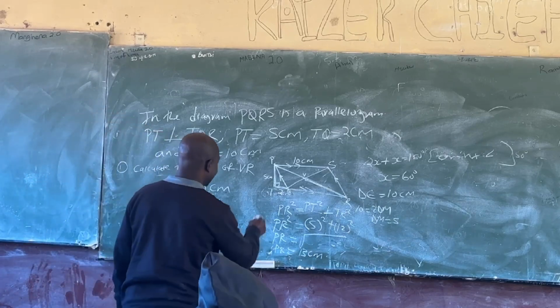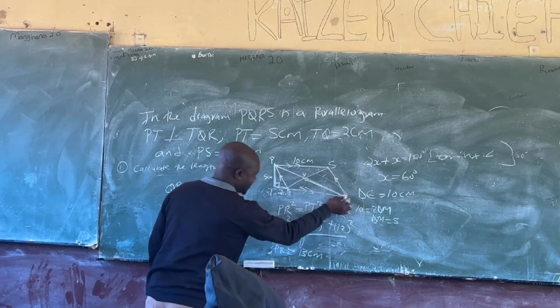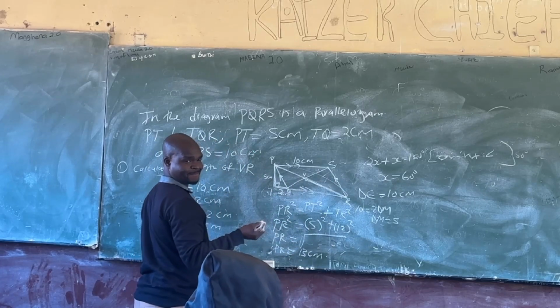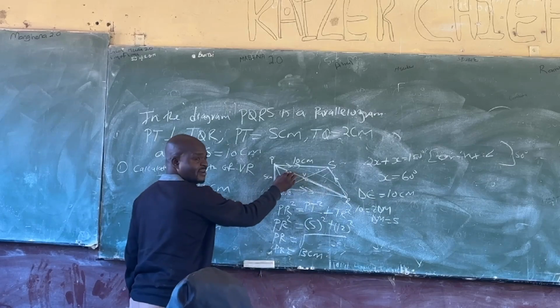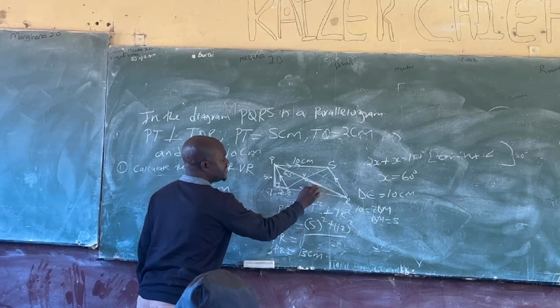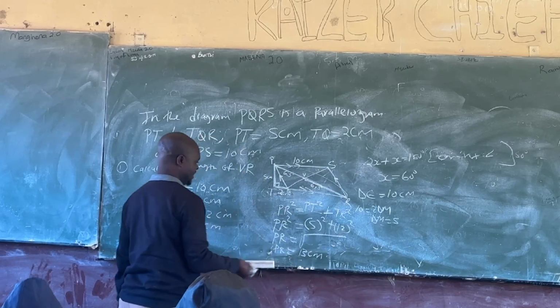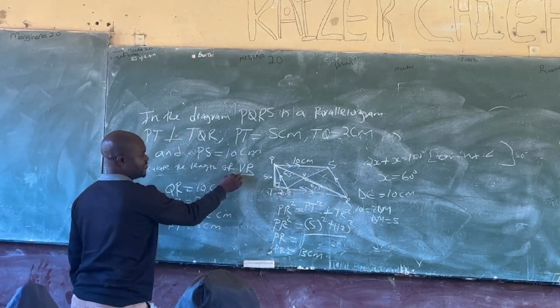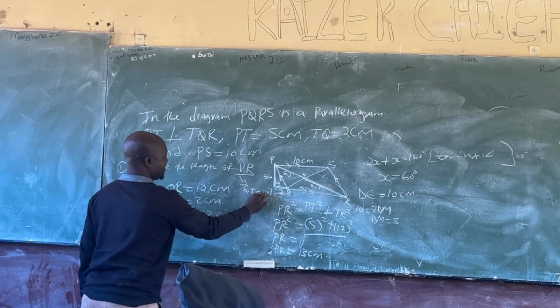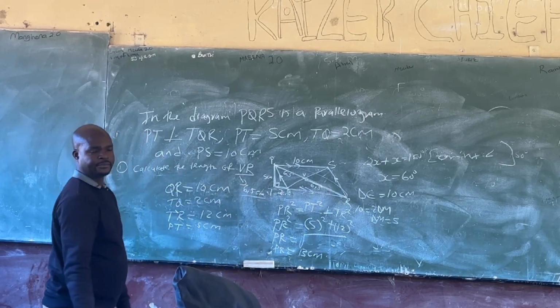From here to here is what? What is my PV? 6,5. Here is 6,5. And here's 6,5 also. It means that the answer for our question, VR, is 6,5 centimeter. And you are done.